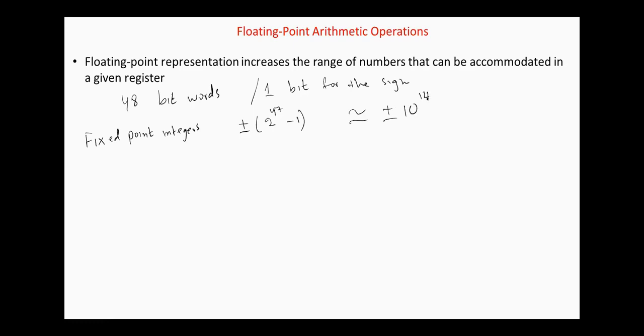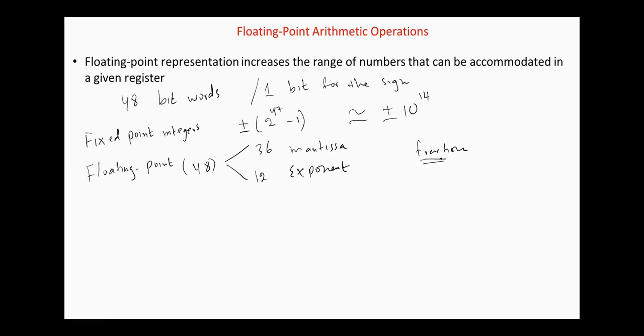If we use floating point representation with 36 bits for the mantissa and 12 bits for the exponent, and assuming a fraction representation for the mantissa and taking into consideration the two sign bits, then the range of numbers will be from minus 1 minus 2 to the power minus 35 to plus this value multiplied by 2 to the power 2048 minus 1.